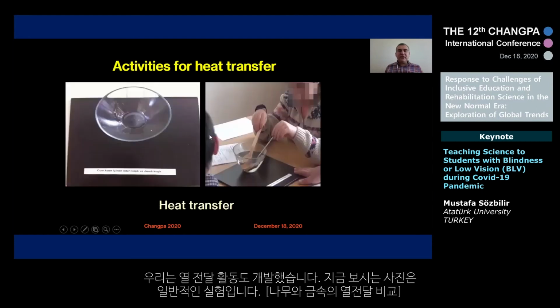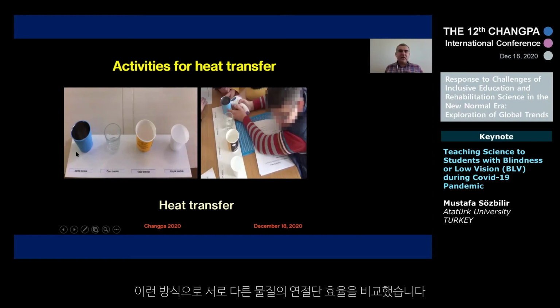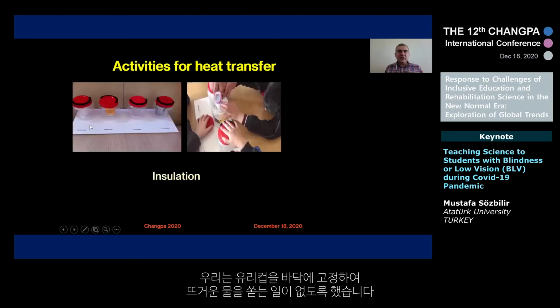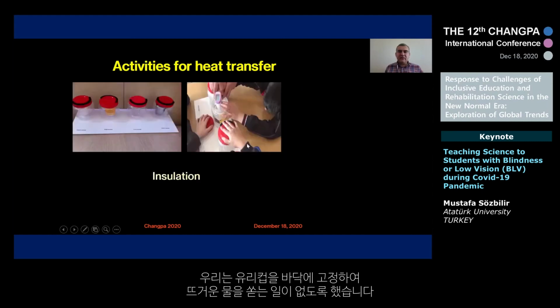We also developed some heat transfer activities. These are normal experimentation activities, but they used an infrared thermometer, a talking thermometer, to measure the temperatures and then see the heat transfer effect with the different materials. We fixed those glasses and the boxes onto the board to prevent the spillage of the hot water.